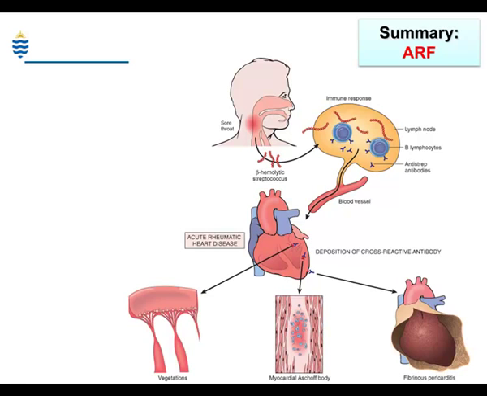Three etiology: genetic susceptibility, beta hemolytic streptococcus, and development of autoantibody. Activation of lymph node, antibodies attacking the heart and many systemic organs.